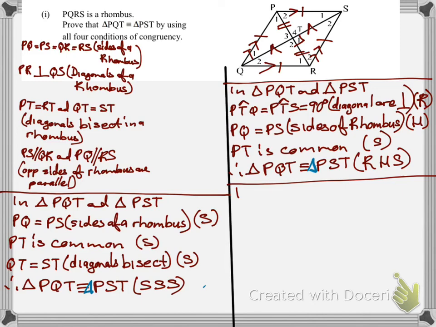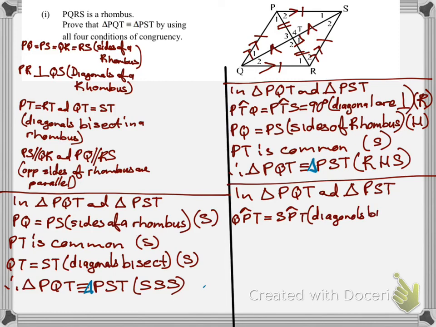Moving on. Now the last one, I'm calling this the last one because the third one you can make conclusion by taking some of the sides and everything that has been calculated already. Again, I say in triangle PQT and triangle PST, I'm going to say angle QPT is equals to angle SPT because these are what? Diagonals, right? Diagonals bisect the angles.